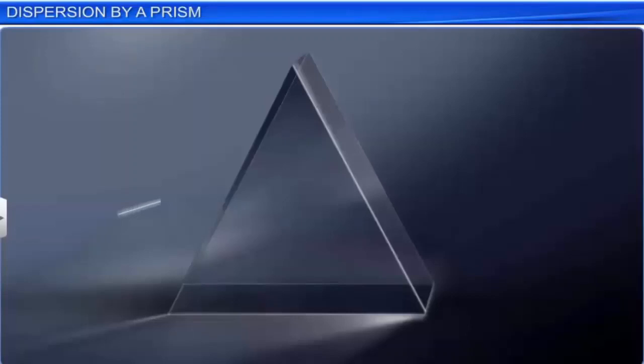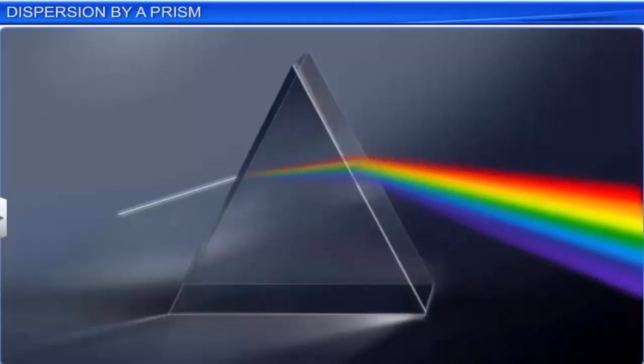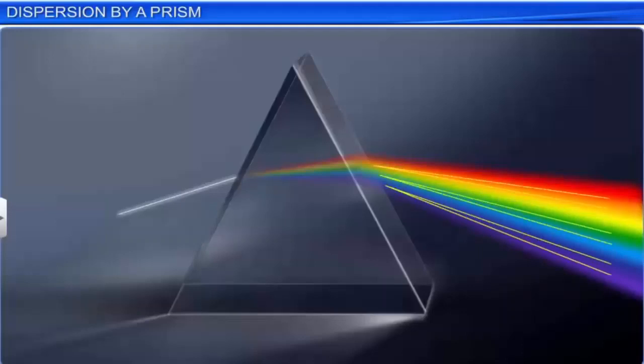When a narrow beam of white light is incident on a prism made of transparent material, it is experimentally observed that the emergent light consists of several colors. These different colors are continuous with no sharp boundaries between them. But we can still identify 7 prominent colors in that band of colors.